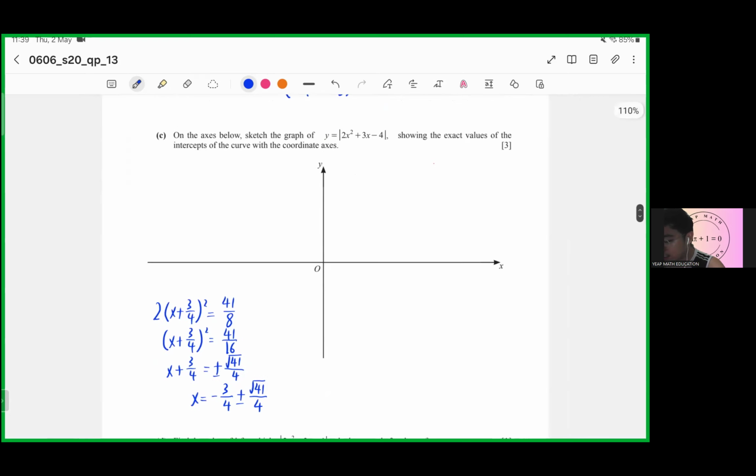So we just sketch a normal graph, and then we do the modulus form first.